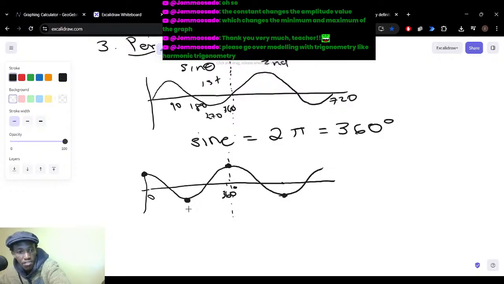So if this is 180, this means this is plus 360, 360 plus 180 equals 540. So this is at 540 degrees, right?